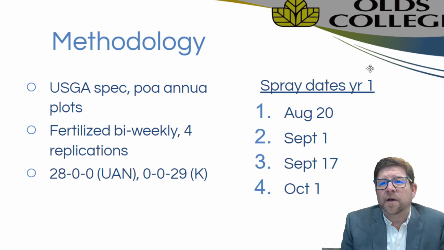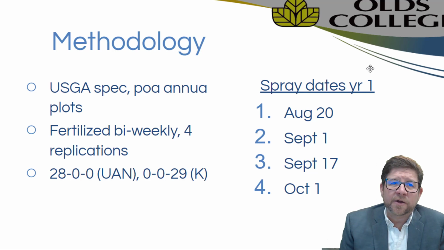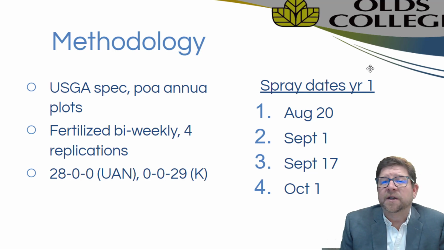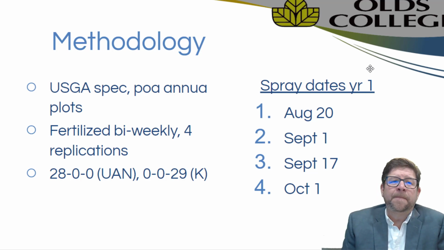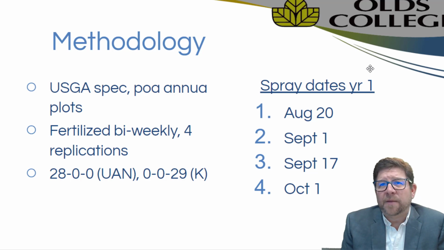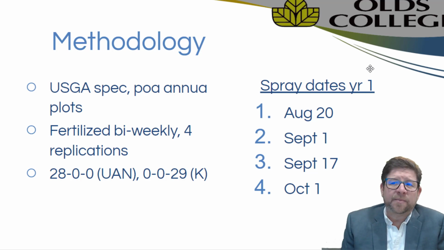So what we applied it on is we used a USGA spec annual bluegrass green. There's lots of previous research done on creeping bentgrass, so we took it on annual bluegrass. Many facilities out there are using Poa annua. We fertilized biweekly in 4 replications. That is to say, we applied the same thing 4 times to ensure consistency and minimize any problems in application.